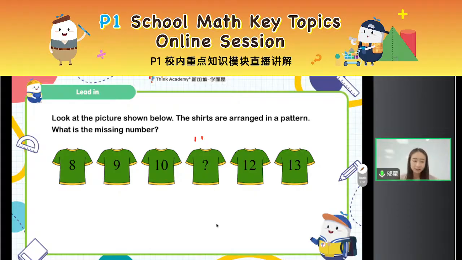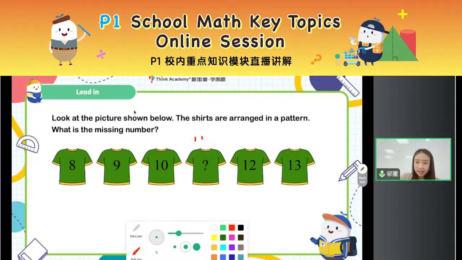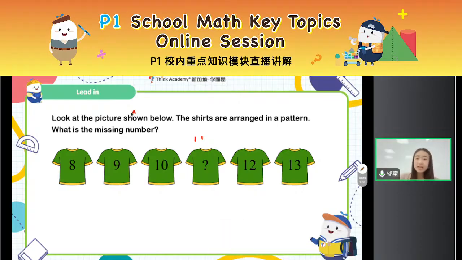So what is a pattern? Let's have a choice for that. A, a pattern is something random, whatever came into my mind and I write down. Or B, a pattern is something that keeps repeating with a regular rule.